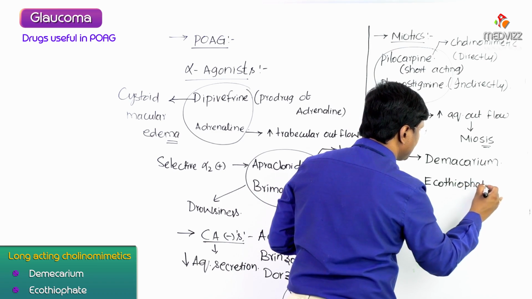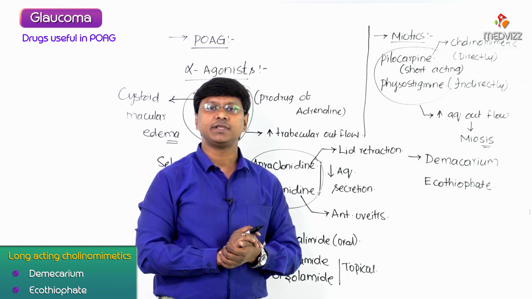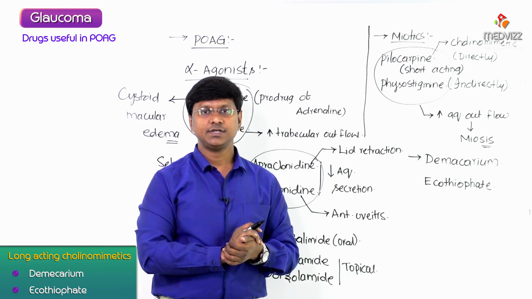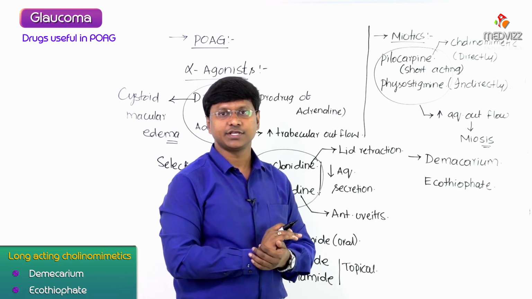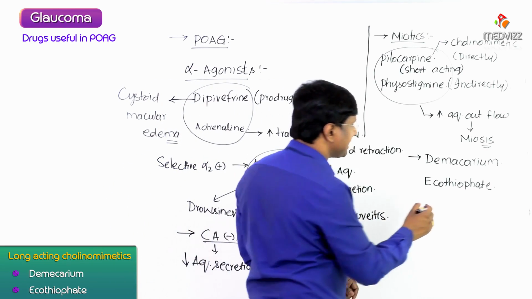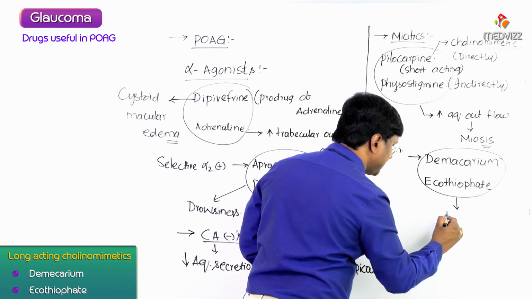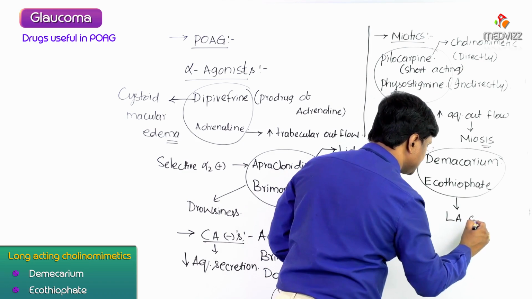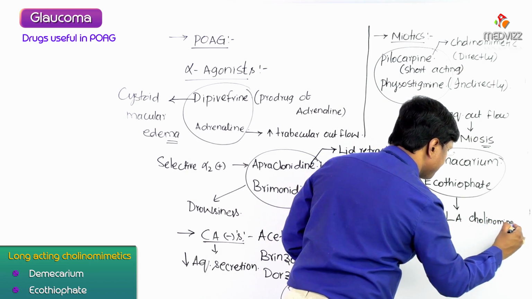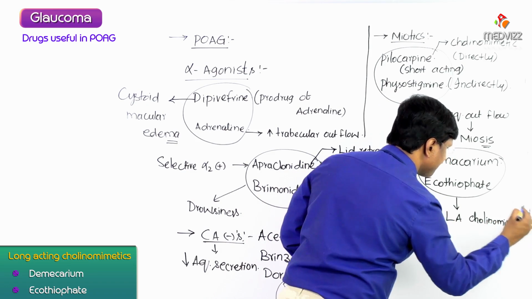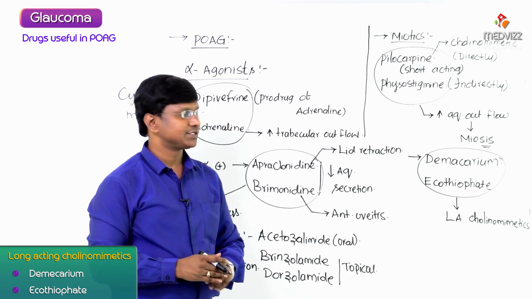Ecothiopate is an organophosphorus compound. Majority of organophosphorus compounds are used as insecticides, right? But the only one used for therapeutic purpose is ecothiopate. Both demacarium and ecothiopate are long acting cholinomimetics.